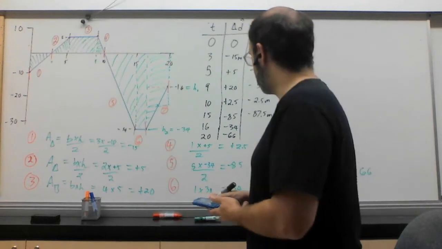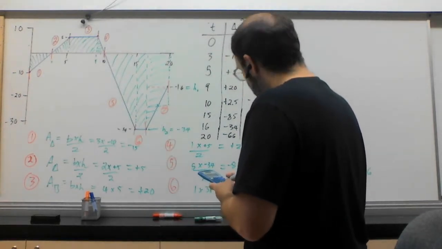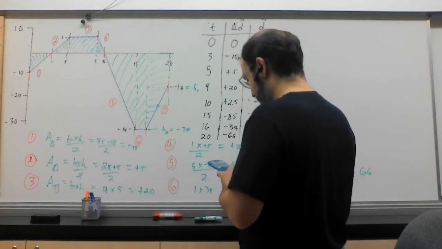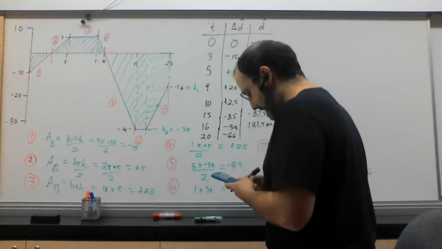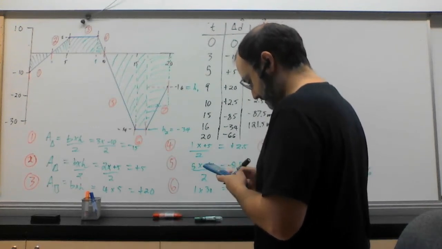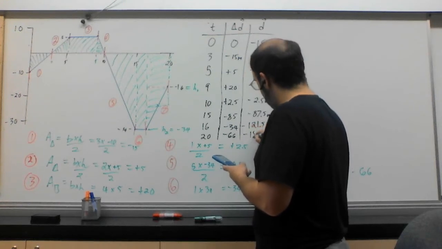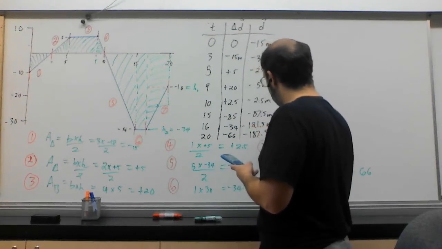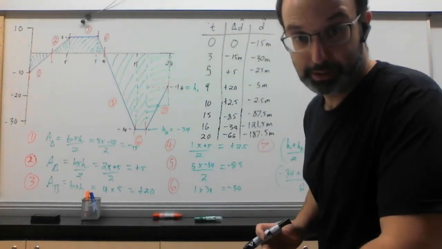Oh boy, I don't want to make any mistakes. Well, any more mistakes than usual. 87.5, and I add 34. I get negative 121.5 meters. Then I add another 66, and I get negative 187.5 meters. That is an awful lot.